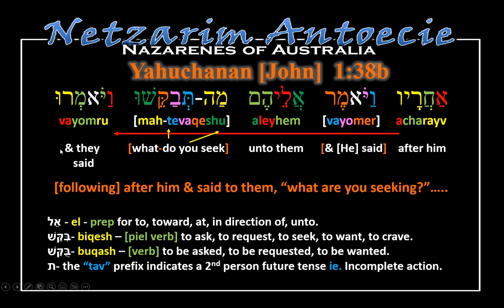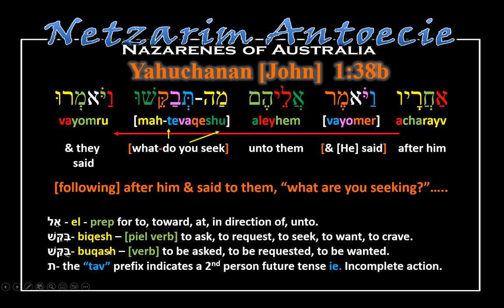Vayomru, and they said. Again, because of the prefix, it's a completed action, a perfect form. So, and they said. Right, and I've given you also el, which is a prep for to, towards, at, in the direction of, unto. And then I've given you additionally bukash, which is also a verb, to be asked, to be requested, to be wanted.